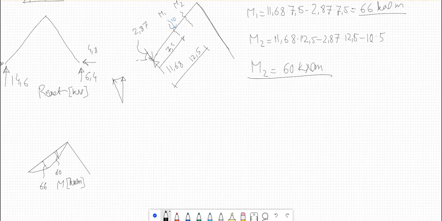So this was the moment diagram. And we have a zero moment for the beam BC.